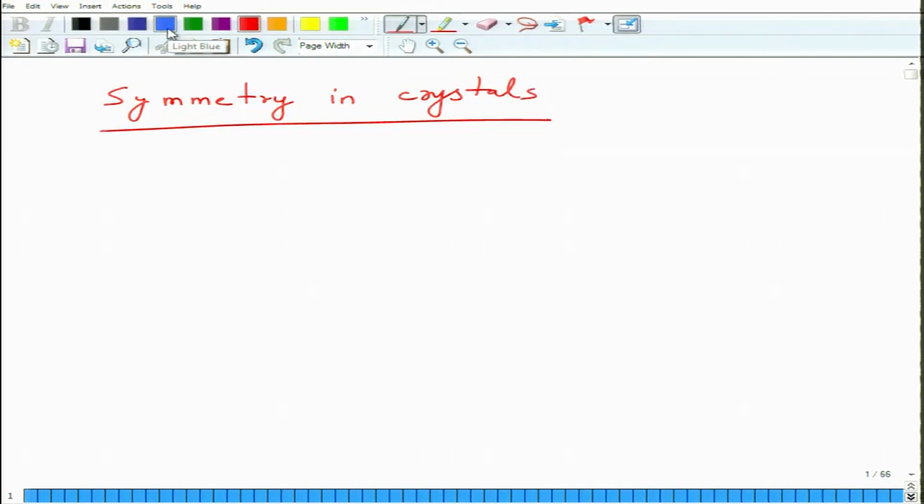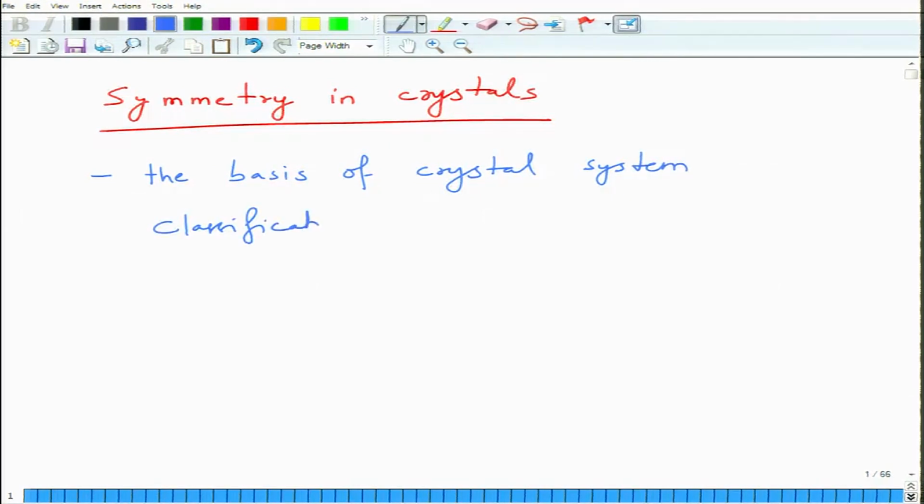So that we can understand the logic behind the basis of crystal system classification and choice of Bravais lattices. Okay. This is a very complicated topic, so unfortunately in this course we do not have enough time to get around complete aspects of crystallography, but we will try to just establish a simple basis of how to deal with it. Okay.